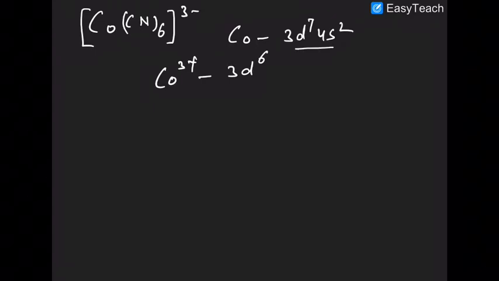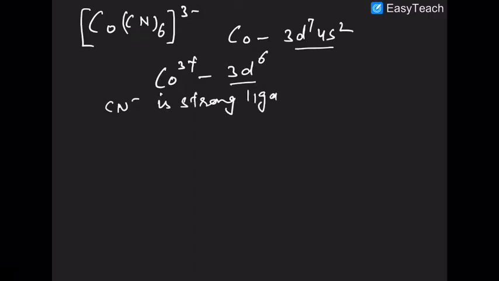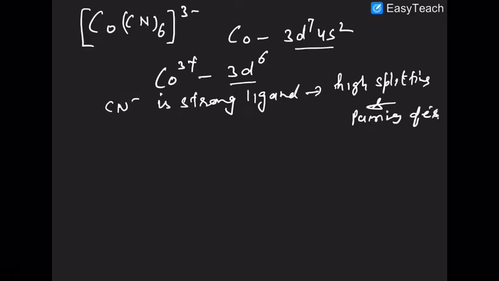Now cobalt has the configuration 3d7 4s2. If you remove 3 electrons, it becomes 3d6. Now you know that CN is a strong ligand, so it causes high splitting and pairing of electrons. So what will happen here now?